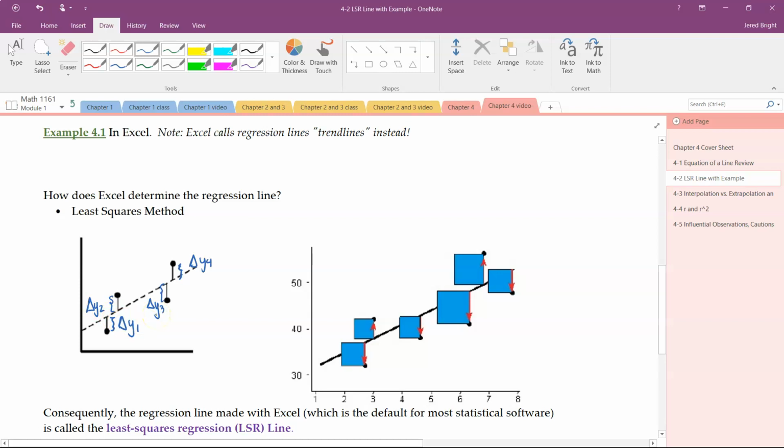Okay. Now, is there a reason we have to use the vertical heights? Can we use horizontal heights? Can we use something else? For sure. It's just that the least squares regression line is commonly calculated using the vertical differences. Another idea for least squares is to literally compute the area of a square.